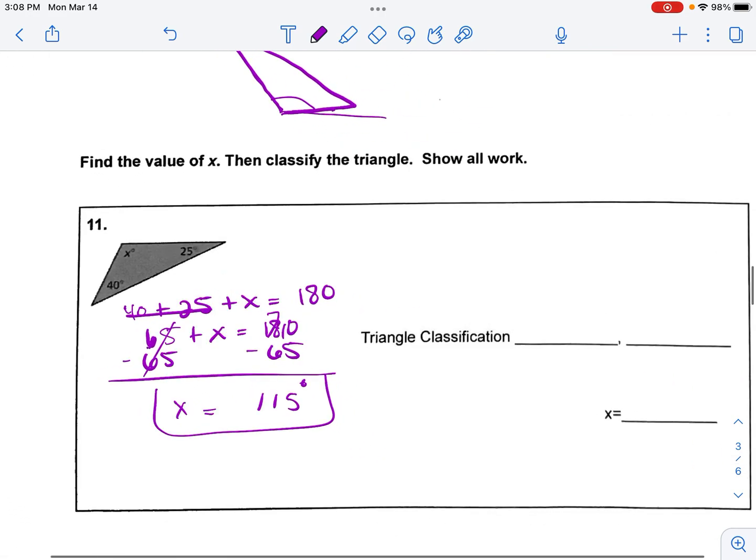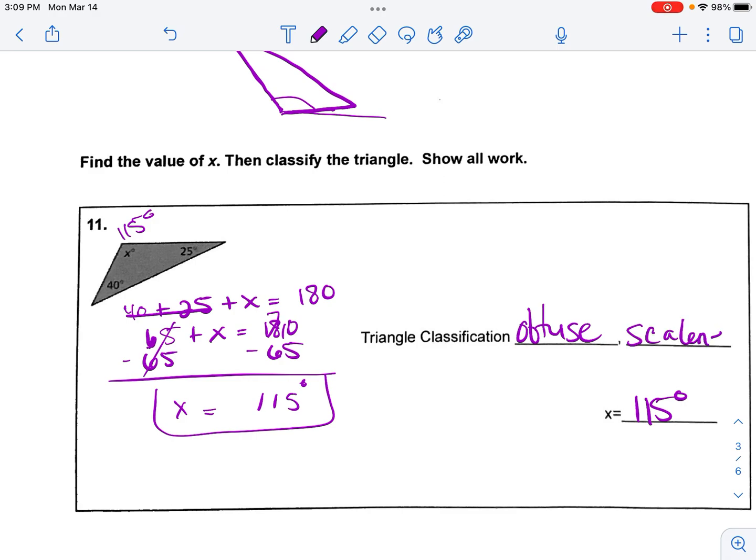Okay, so x is 115 degrees. And now we're going to classify the triangle. If this is 115 up here, this would be obtuse because I've got one measure that's greater than 90 degrees. All three sides are different lengths. No sides are the same, so we're going to also classify it as scalene.